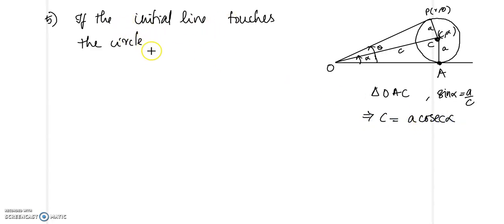So if the initial line touches the circle, we will have C equal to A cosec alpha.